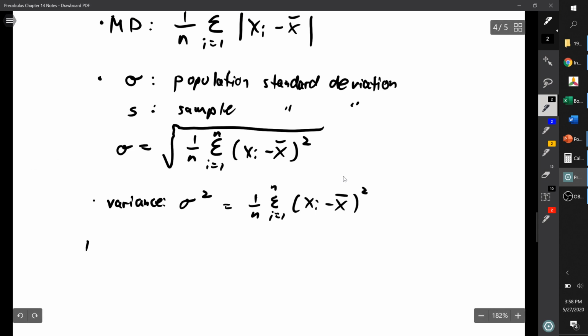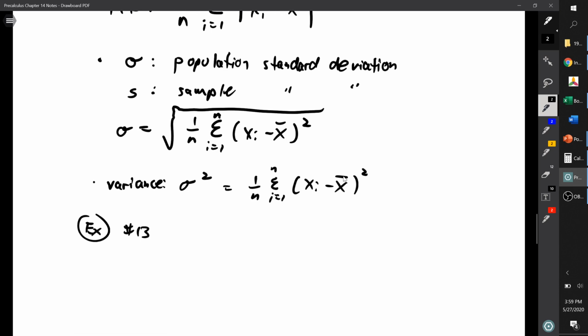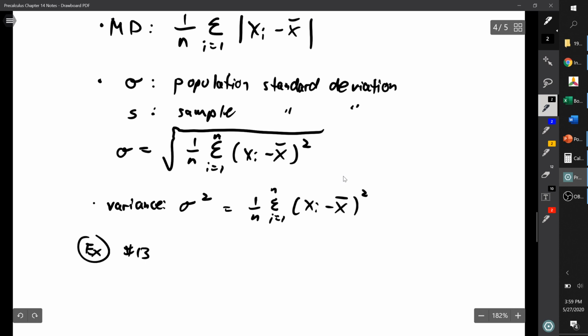So our sample problem here is number 13. Find the mean deviation and the standard deviation. So find MD and sigma.